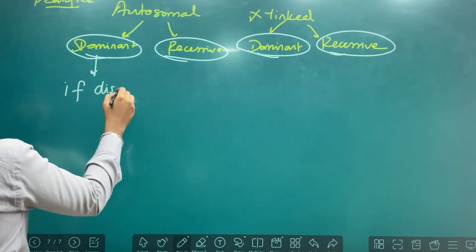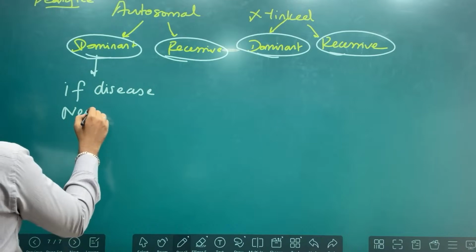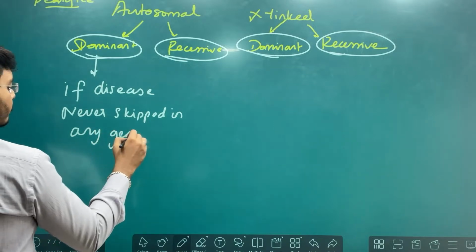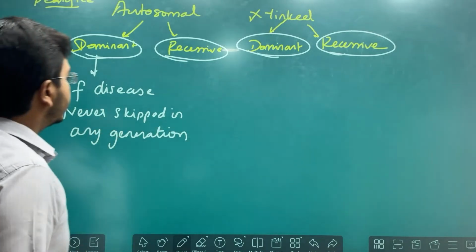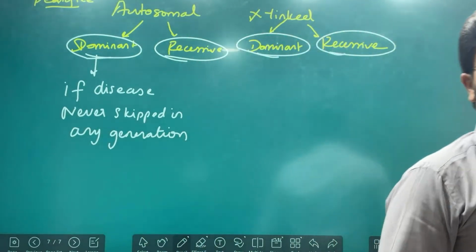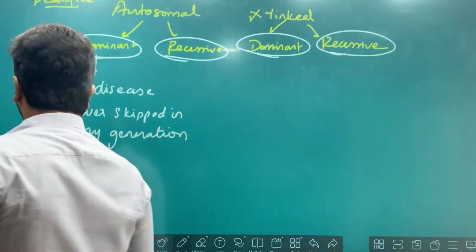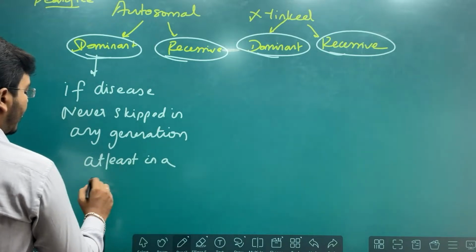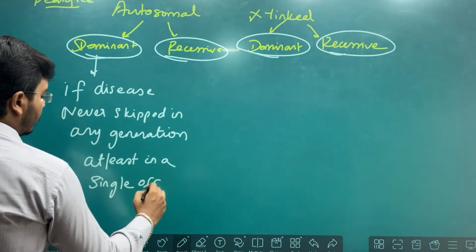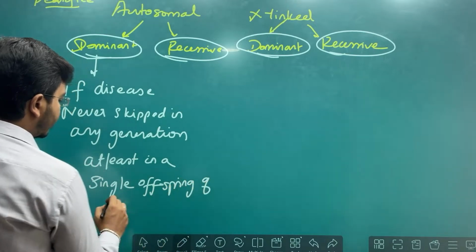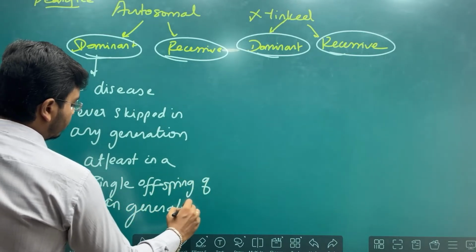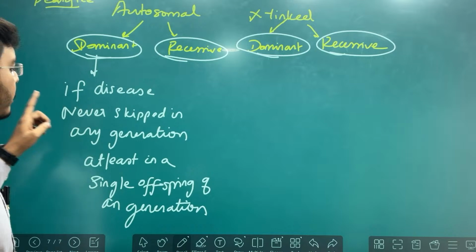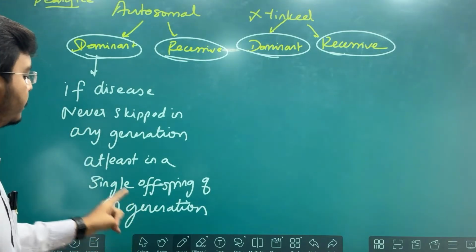If the disease never skipped in any generation, at least in a single offspring of a generation, then I call it dominant.